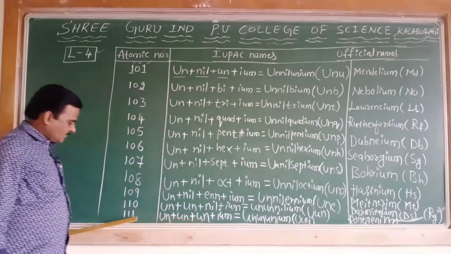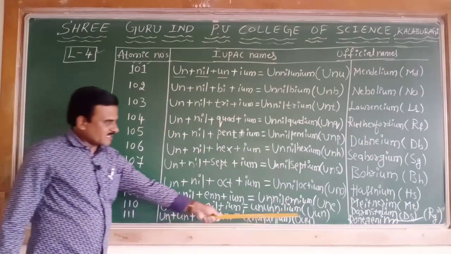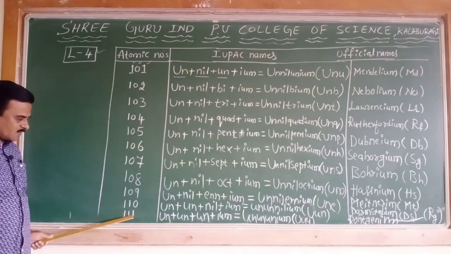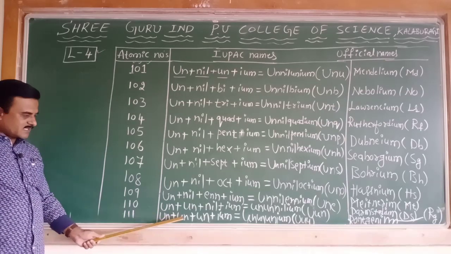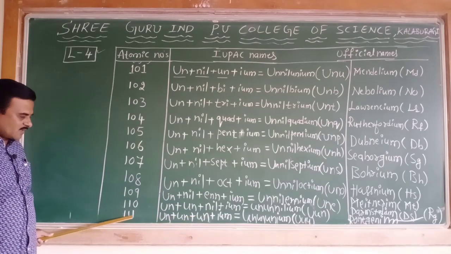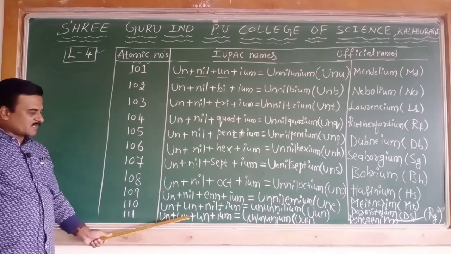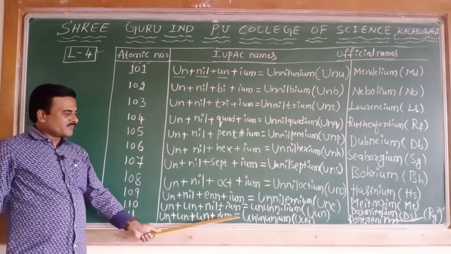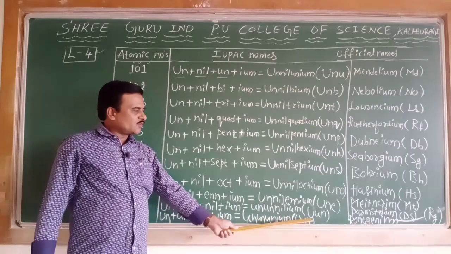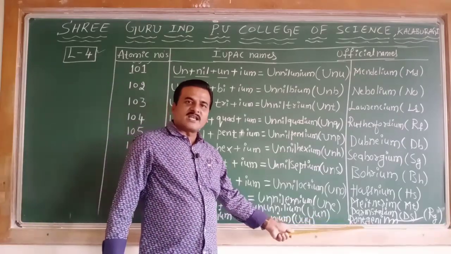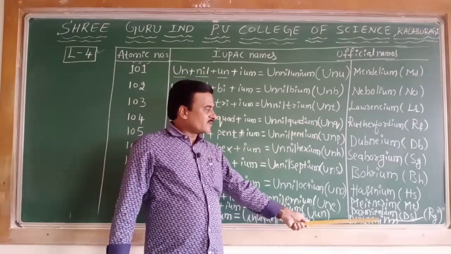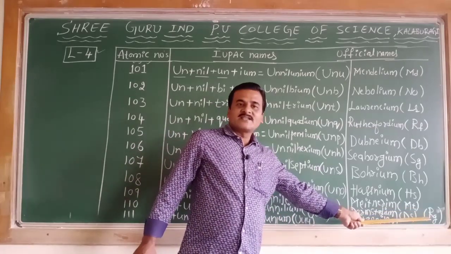The last element I have written in a congested place, so that's why I am repeating. 111: un plus un plus un plus ium. Three digits in the order 111. This is unununium, symbol Uuu. Official name roentgenium with symbol Rg.